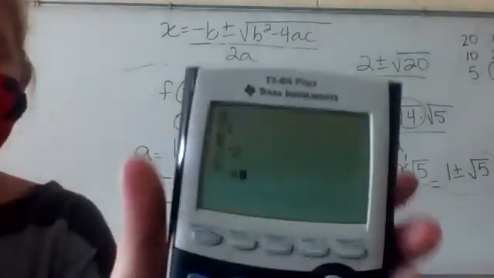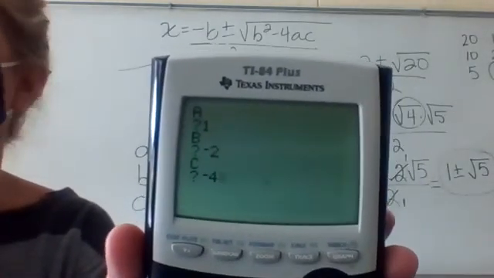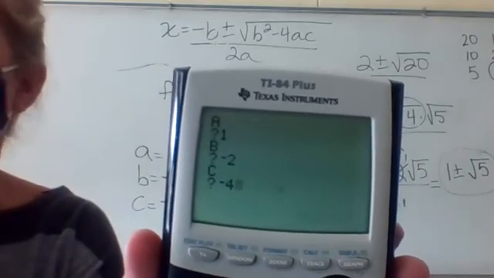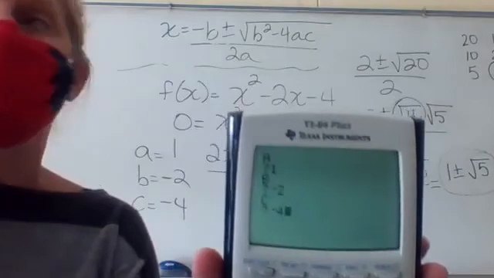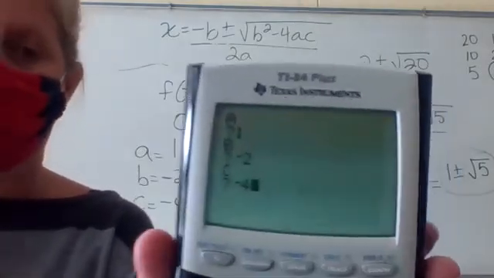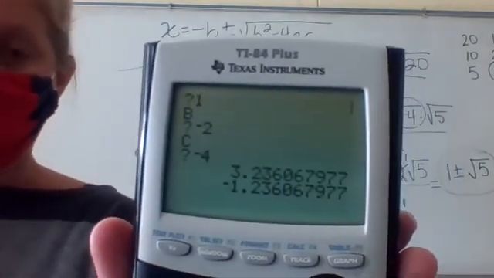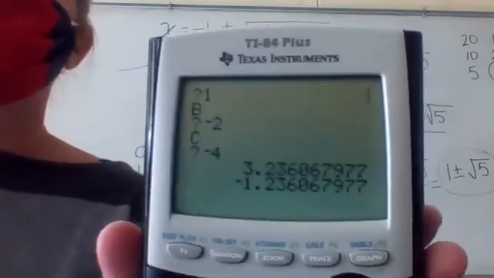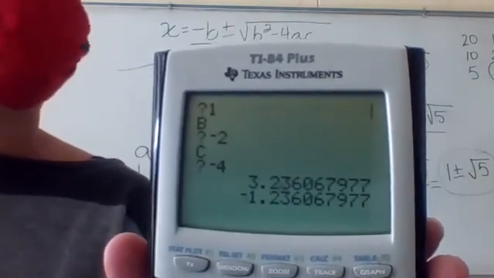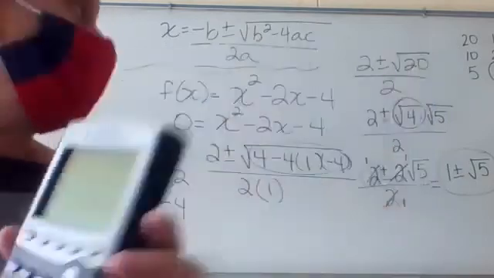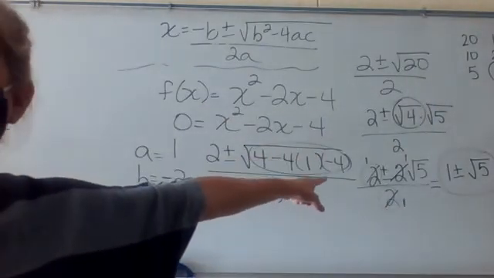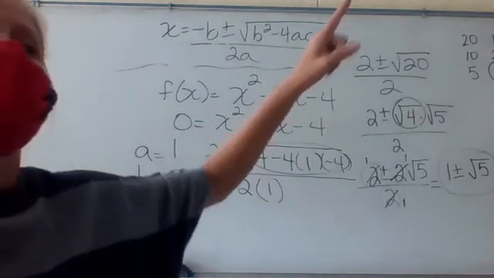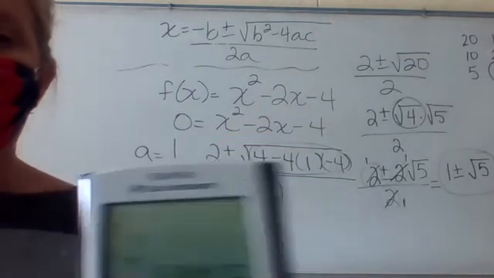Now, when I hit enter, the very first thing it's going to give me is the decimal solution, which are your approximate solutions. Now, here's what's crazy about MathLab. Or it's not crazy. The MathLab, the first thing it's going to ask you for is the exact solutions, which is the 1 plus and minus the square root of 5. And then it's going to ask you for the approximate solutions.